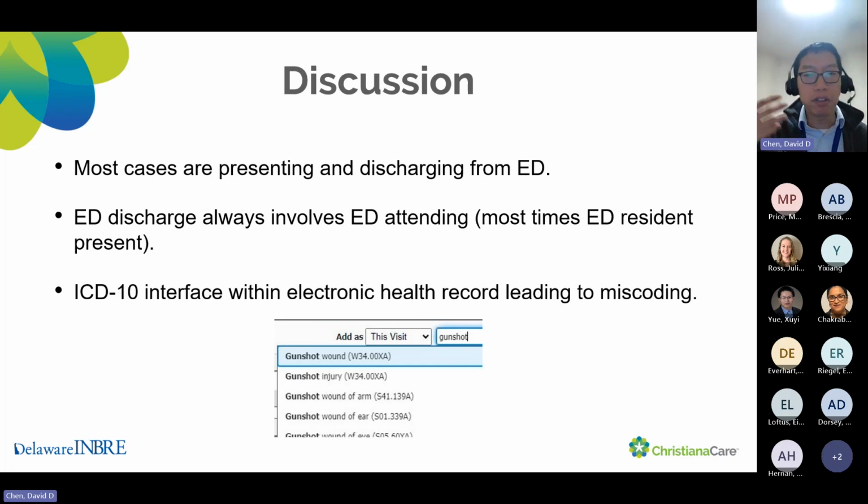And then as we dug further into this, we realized that when you interface with the EMR, we use Cerner currently, and you type in gunshot as a clinician looking for a diagnostic code, we find that the default one that pops up is actually the ICD code that lines up with accidental injury.